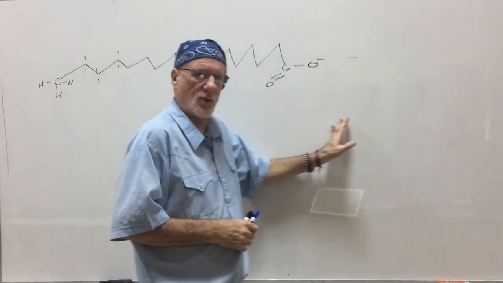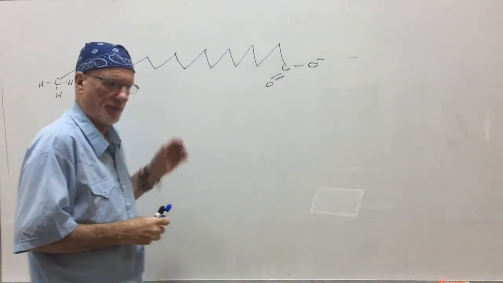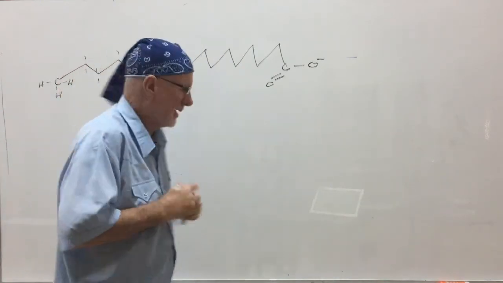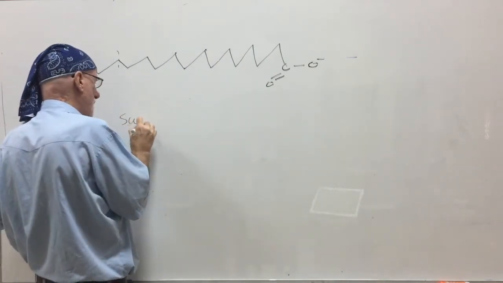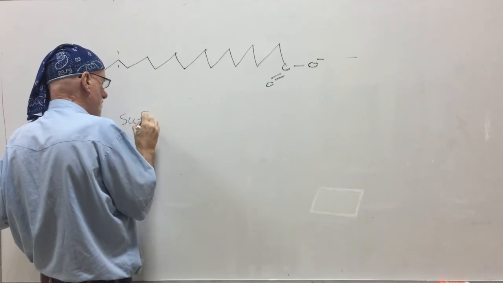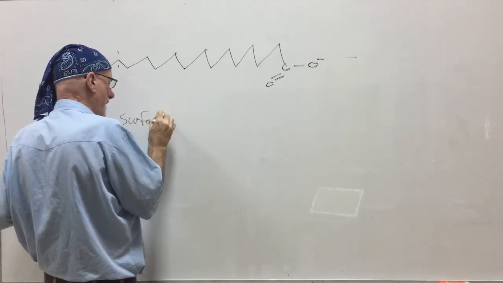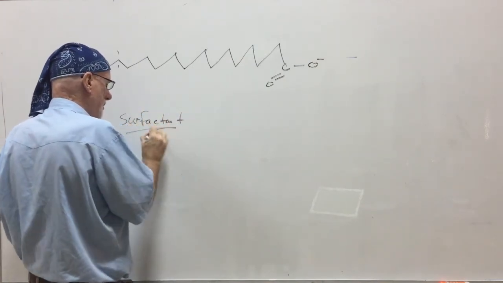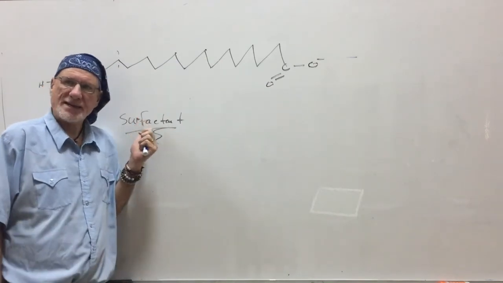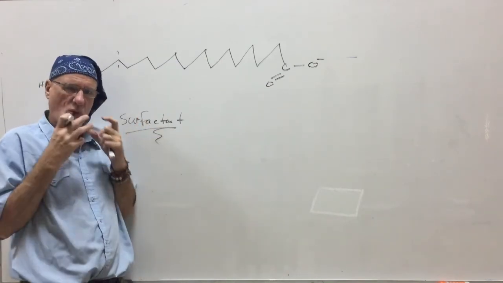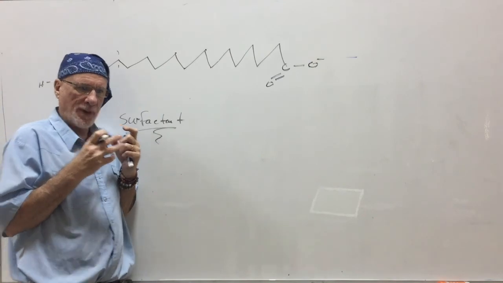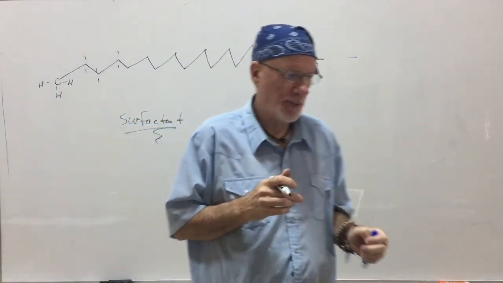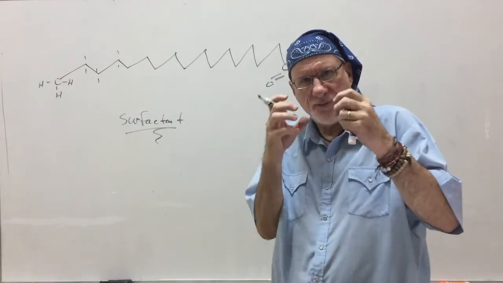Why do we care about soap? Because soap is a surfactant. Remember surfactant? A surfactant can break down hydrogen bonding. If I have pure water, look back on section 1. Pure water has this hydrogen bonding.